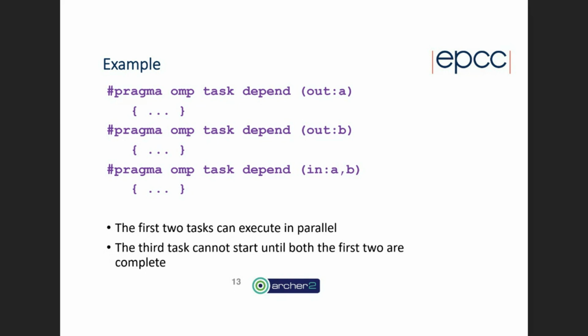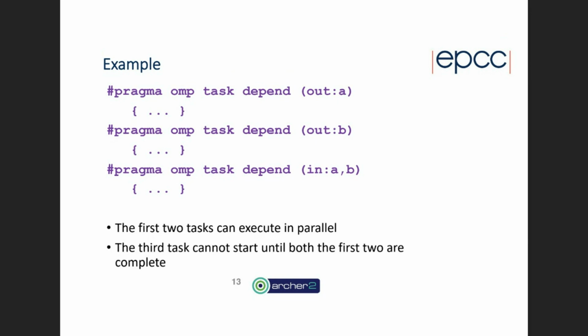Suppose I have three tasks here, and I want the third task only to execute when the first two have completed. This is a simple example where it's possible to use a taskwait, but it's easy to think of much more complicated dependency patterns which are difficult or in fact impossible to code correctly with taskwaits.